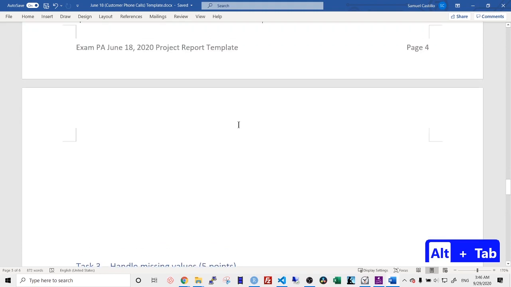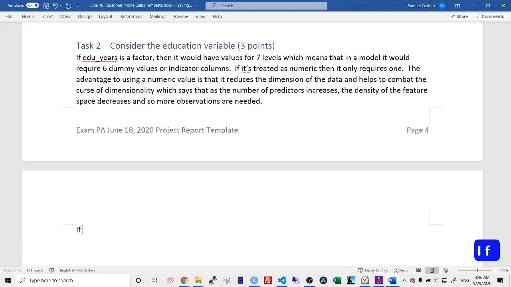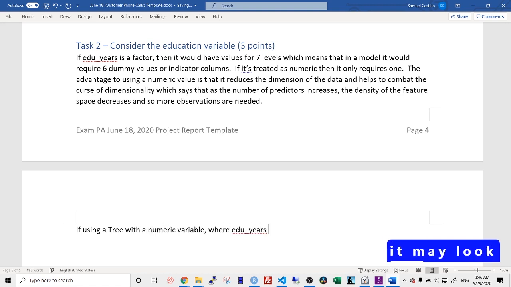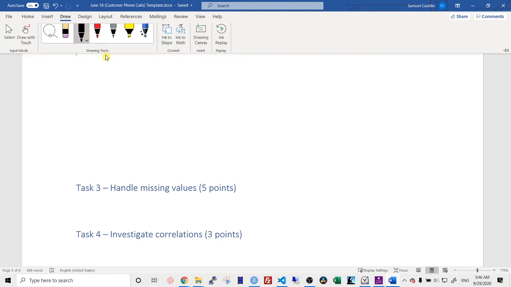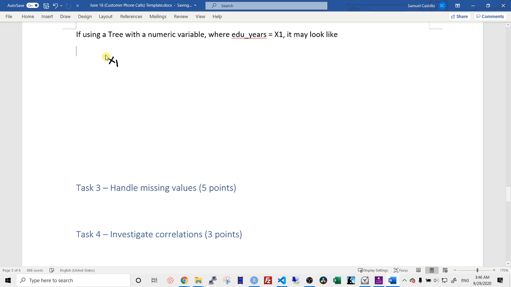So consider what a tree would do. If using a tree with a numeric variable where EDU years is equal to x1, it may look like this. We can't actually draw on this report, but just imagine that you could. You would say, here's x1, which is EDU years. This might be the first split, and it might ask, is x1 less than or equal to 12?